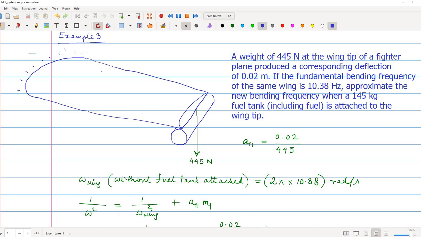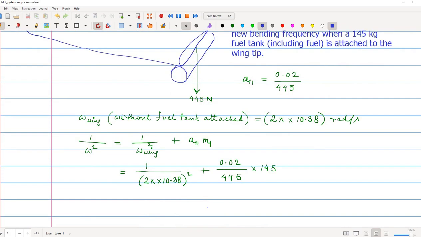So this is the formula you have to use, 1 by omega wing square plus A11 M1. That means here you have to neglect the mass of the wing itself, but you have to take the mass of the fuel tank. So the approximation for the first natural frequency is omega. So 1 by omega square is 1 by omega wing square plus A11 M1.